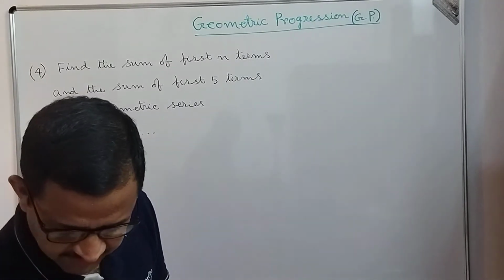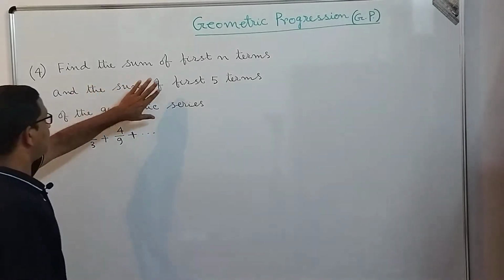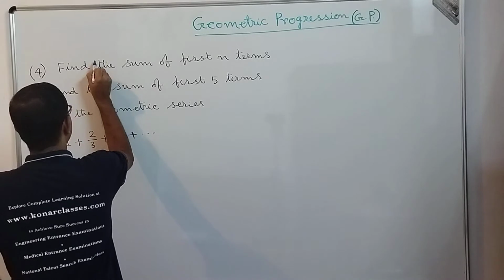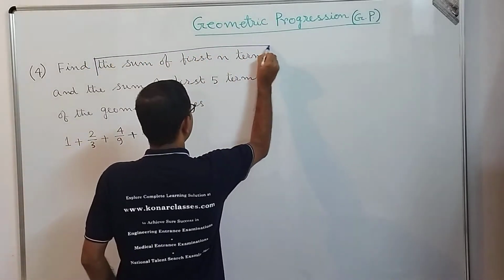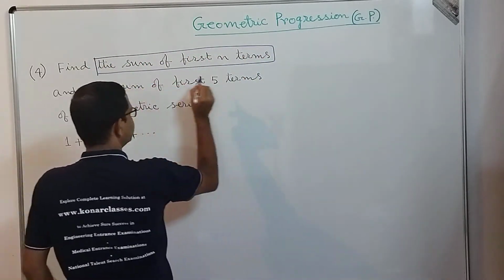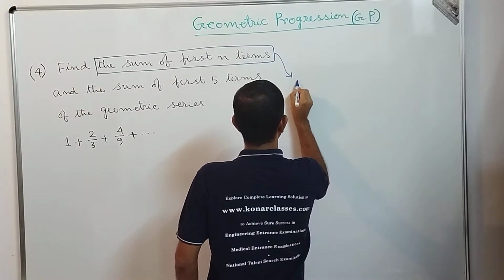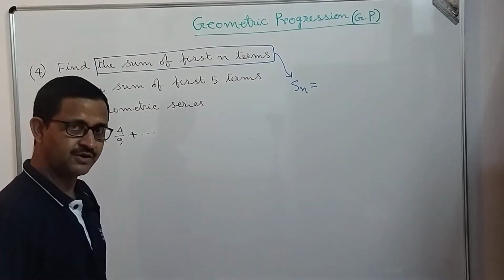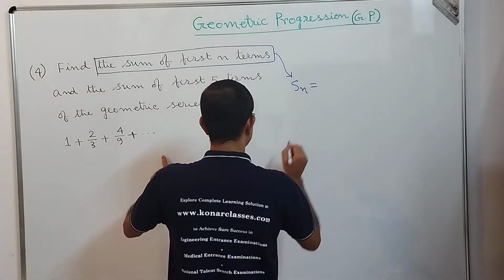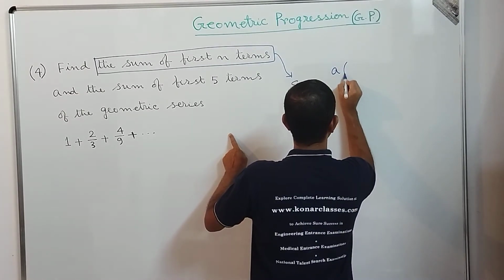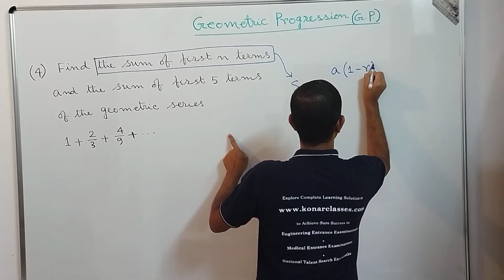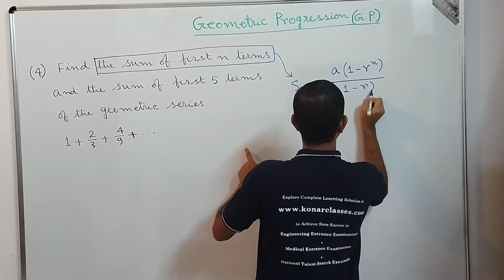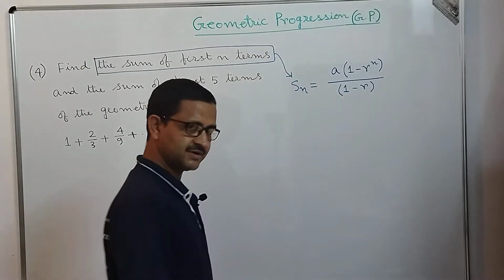Now let's come to the exact question. Find the sum of the first n terms. The moment we see the sum of the first n terms, what comes to our mind, dear students? That is Sn. Sn is equal to the formula A into 1 minus r to the power n divided by 1 minus r, if r is between minus 1 and plus 1, correct?